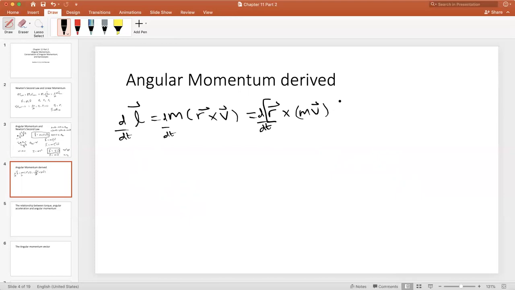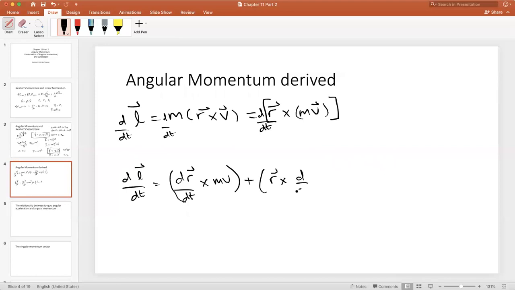In order to do this, I have to use the chain rule. So I get that dL/dt is dr/dt crossed with mv plus r crossed with d/dt of mv.